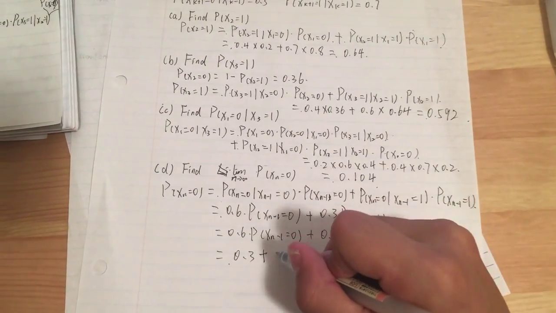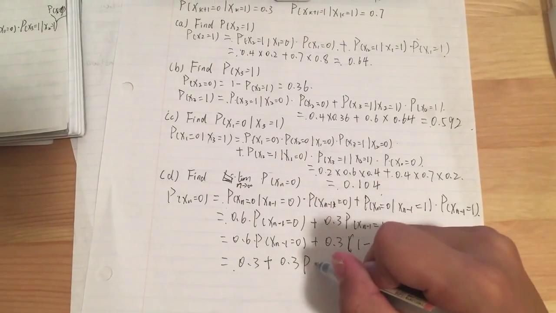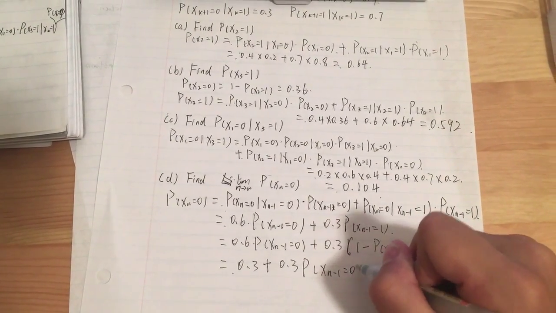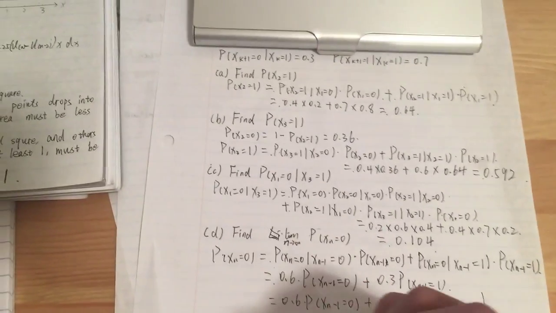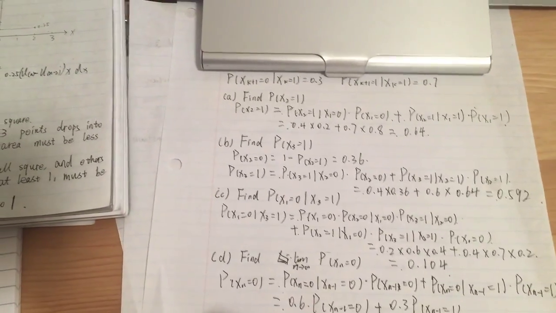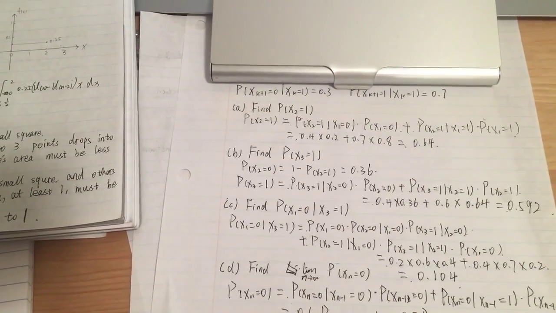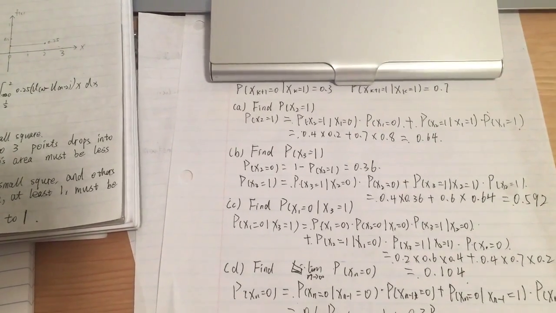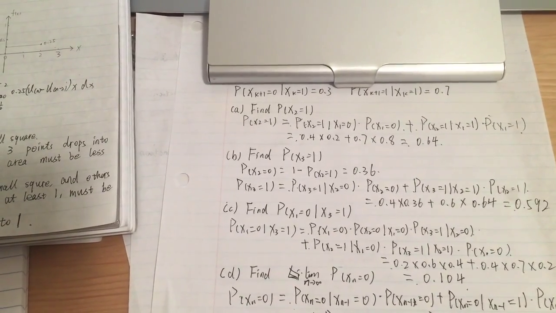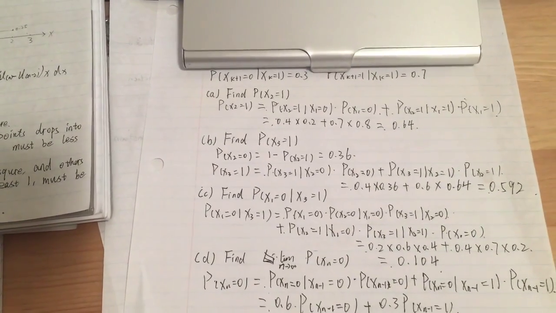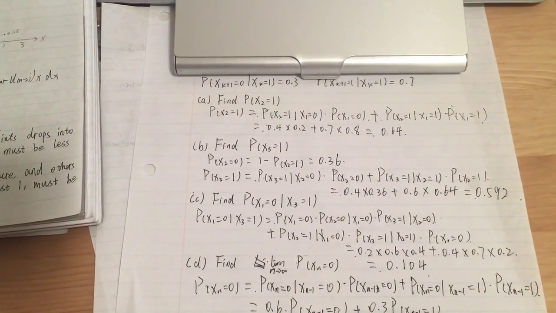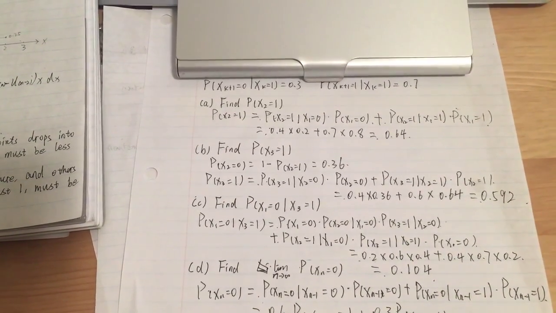This equals 0.3 plus 0.3 multiplied by P(x_{n-1} = 0), and let P(xn = 0) minus k equal 0.3 multiplied by (1 plus P(x_{n-1} = 0) minus k).